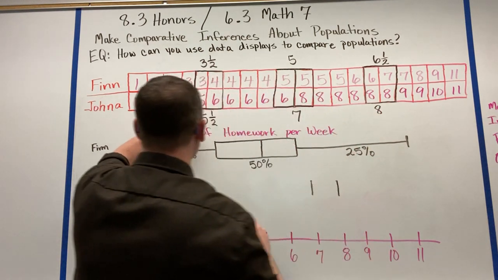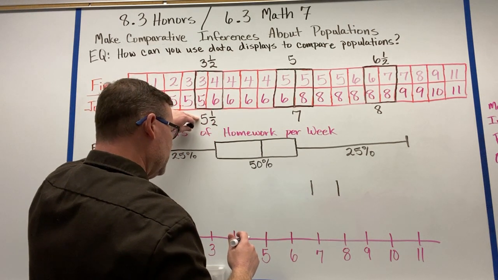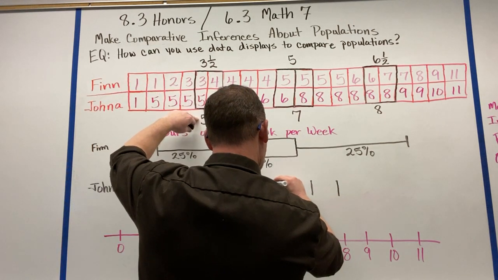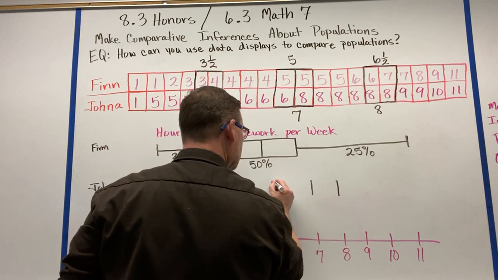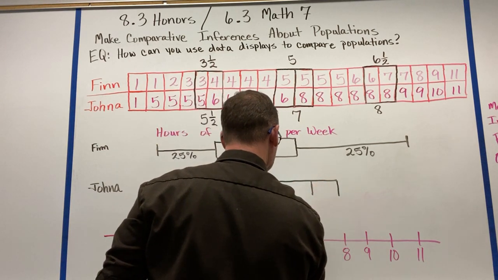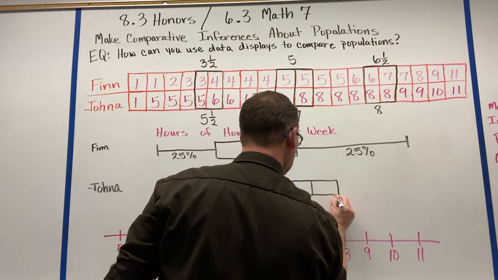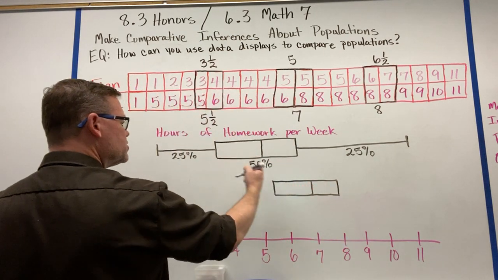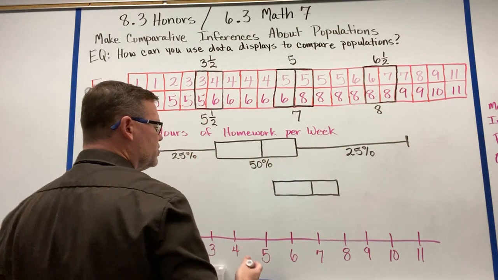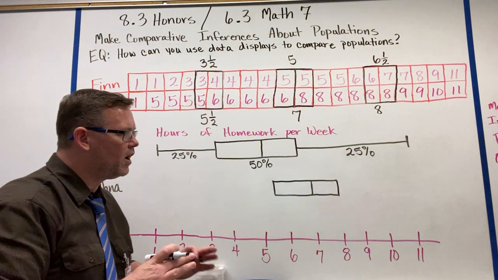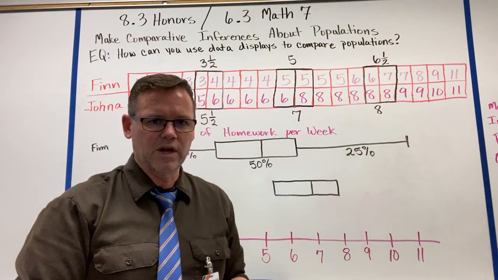Then we've got the lower quartile median, which is 5.5. Now I'm going to draw the box here. Notice how these boxes are pretty close to the same width. If they're pretty close to the same, then we know the variability doesn't change that much.